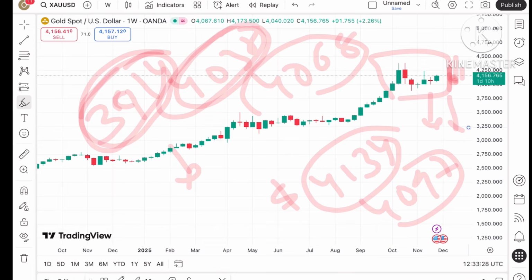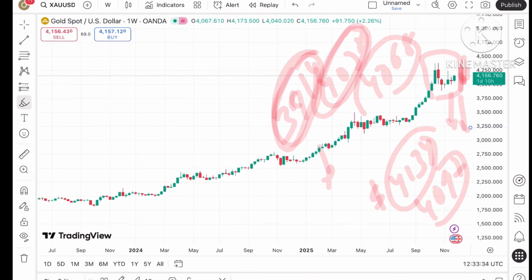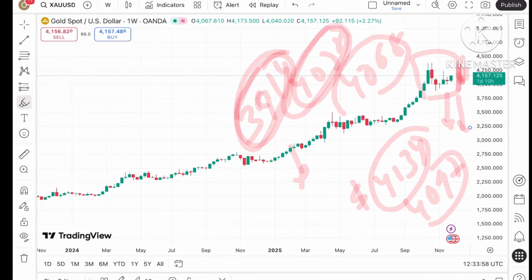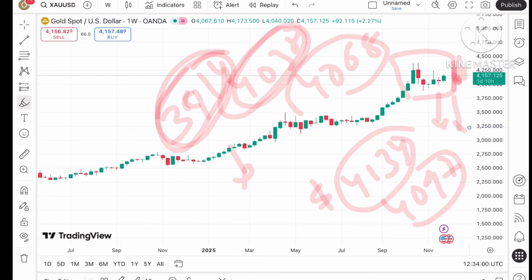Now what you have to understand for the next week: the main event to watch is US economic data, jobs, inflation, PMI, any comment or signal from the Fed, or development in the global geopolitics. If the data supports rate cuts, then gold will rally.